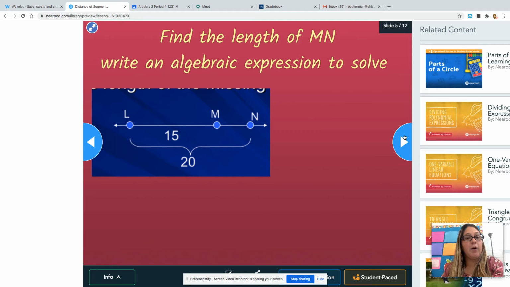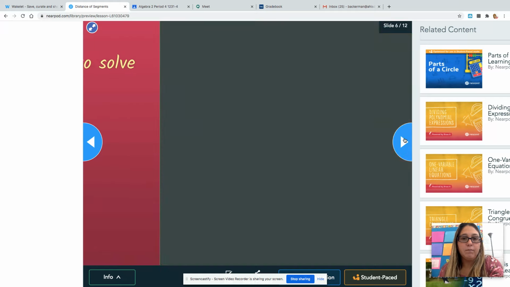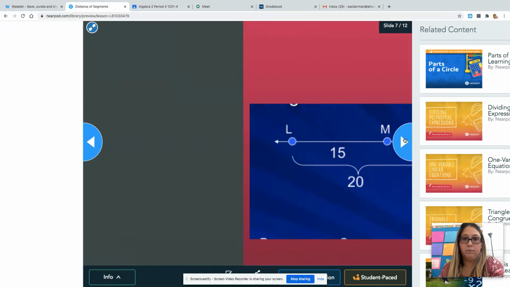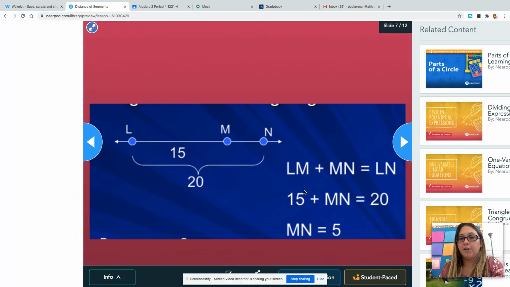That way I know the small piece plus the small piece equals the large piece all together. And so here's an example of it. This piece, where my arrow is, is the geometric statement. Down here is an algebraic expression because we're talking about the value.